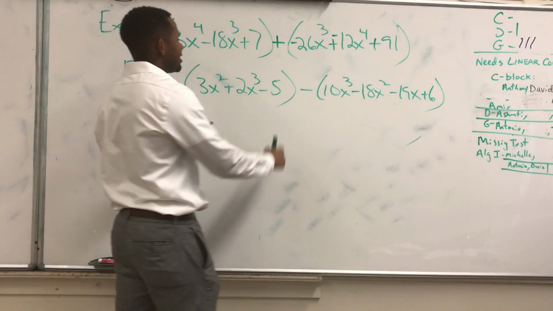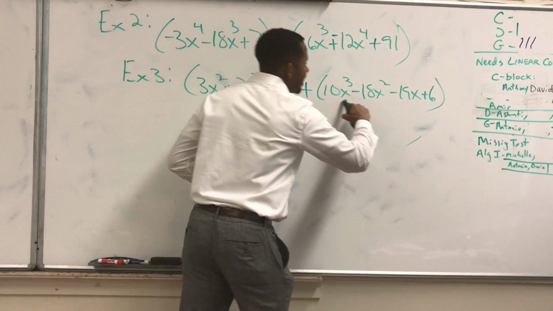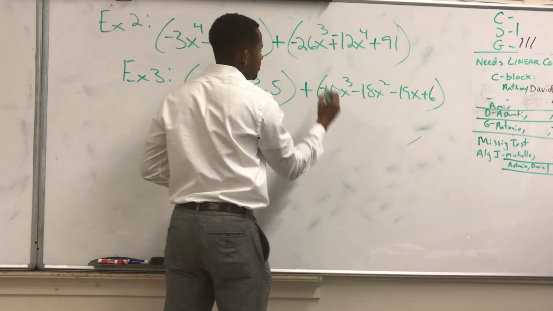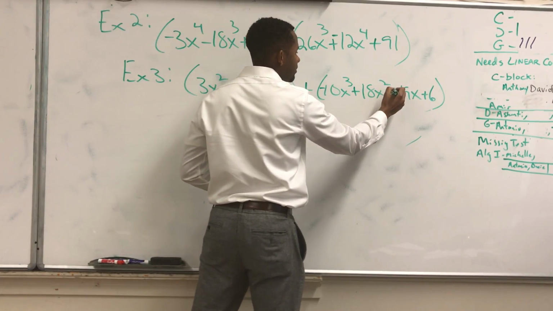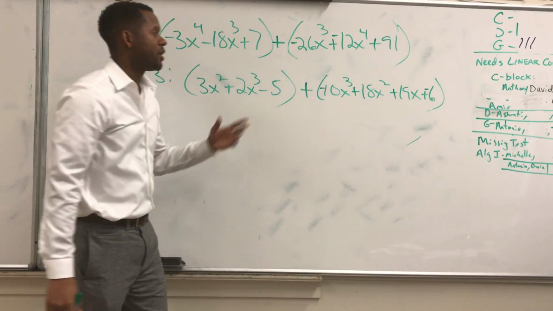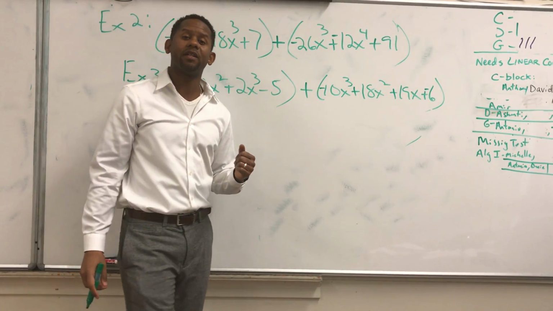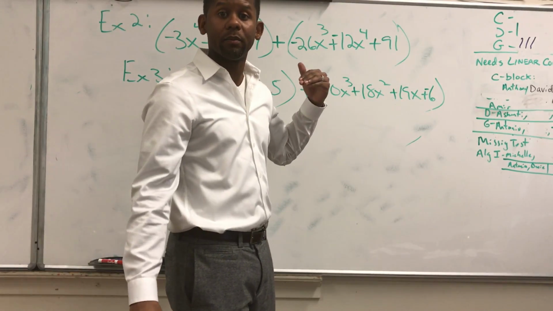Cool. If you did it, you should say, I know I need this to be addition, and I need to change the signs of everything here. So this becomes addition. This is a minus, so it becomes addition. This is a minus, so it becomes addition. This is a positive, so it becomes a negative. Now I've converted the problem into something that I can solve on my own without rewriting the whole problem.